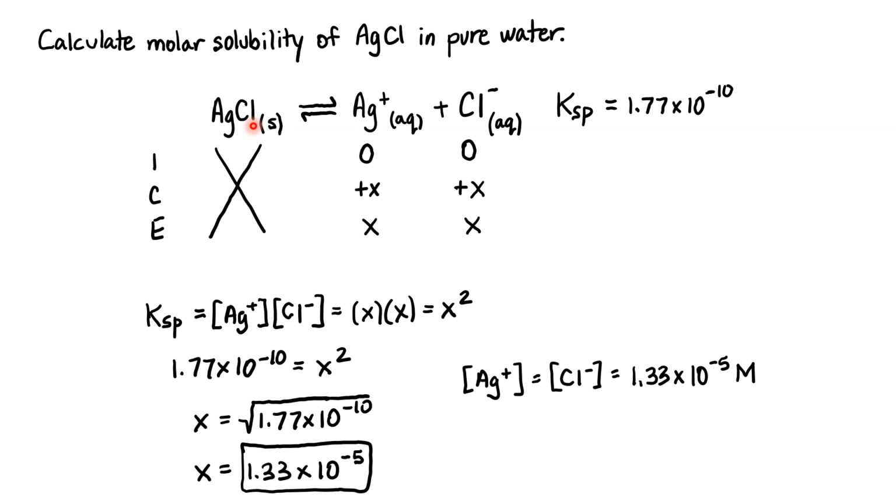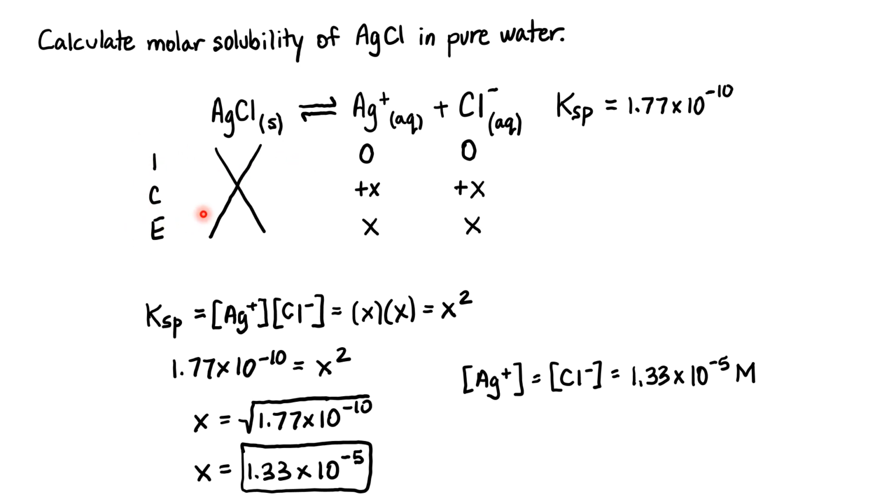Remember we talked about weak acids and weak bases, how those also don't break up into their counterparts. They break up a very little amount, and it's a similar idea. These ionic compounds that are deemed insoluble do break up a little bit, but how much? We know it's not going all the way to the right, so we need to figure out how much of it breaks up. The way we do that is we set up an ice table.